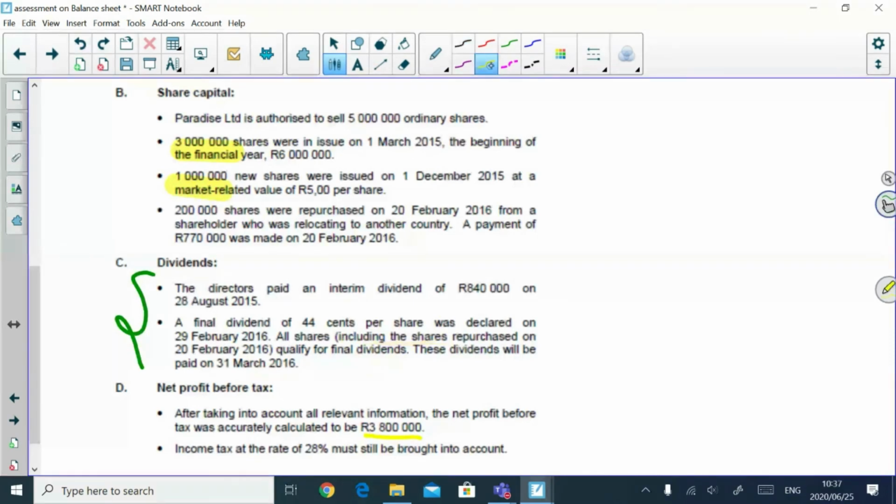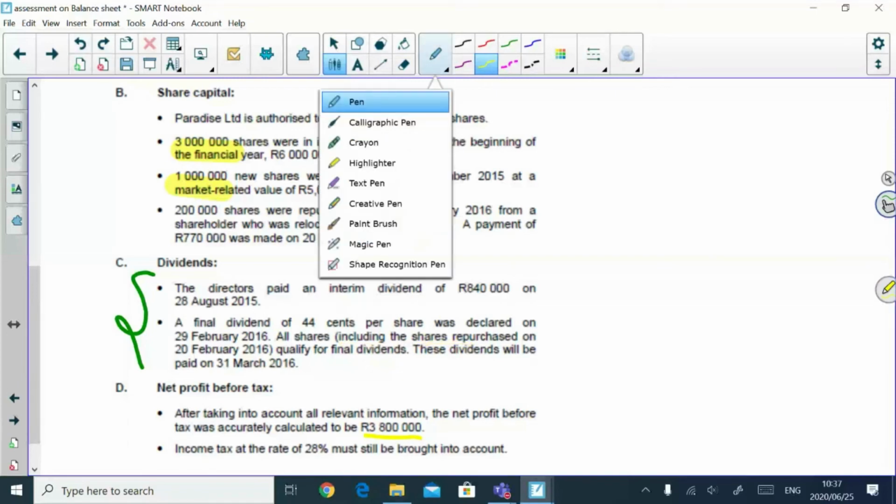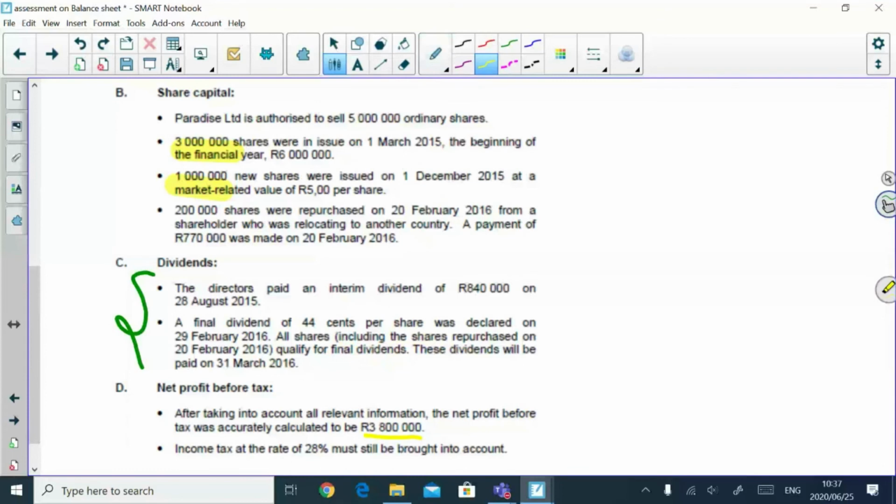So all shares, including the shares repurchased on 20 February, qualify for the final dividend. These dividends will be paid on the 31st March 2016.